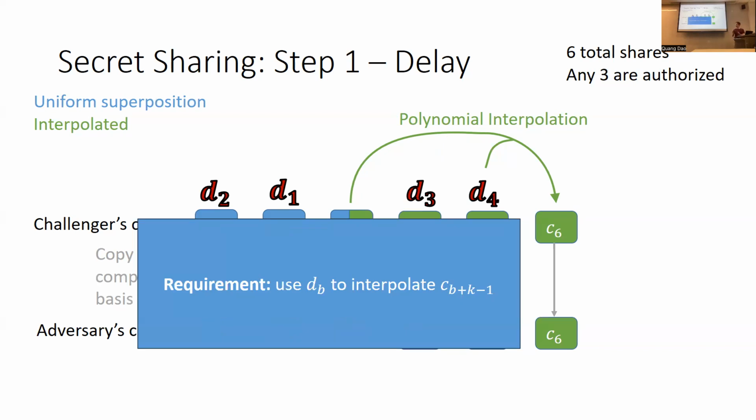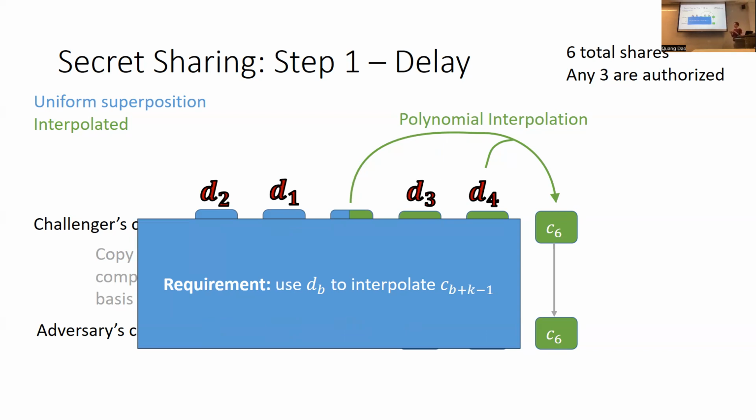Now, the only requirement I'm going to place here is to interpolate the B plus K minus 1th share, you should use DB. So for example, C6 here is interpolated using D4 because in this case, any 3 shares are authorized, so K is 3.